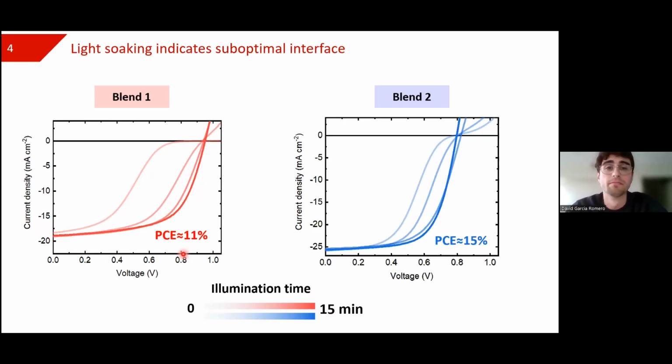This phenomenon is called light soaking and has already been reported in the literature. It's ascribed to a non-ideal interface between one of your transport layers and the active layer. Of course, we want to avoid this problem, and we think this might be one of the reasons why tin oxide is not yet a benchmark material in OPV.